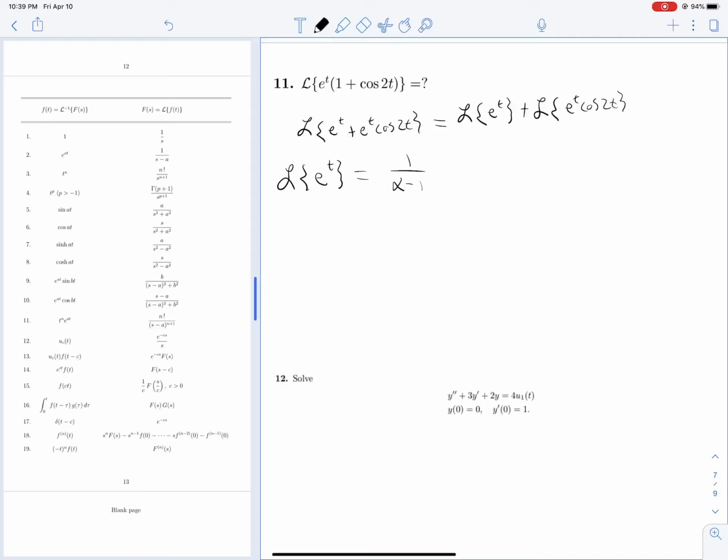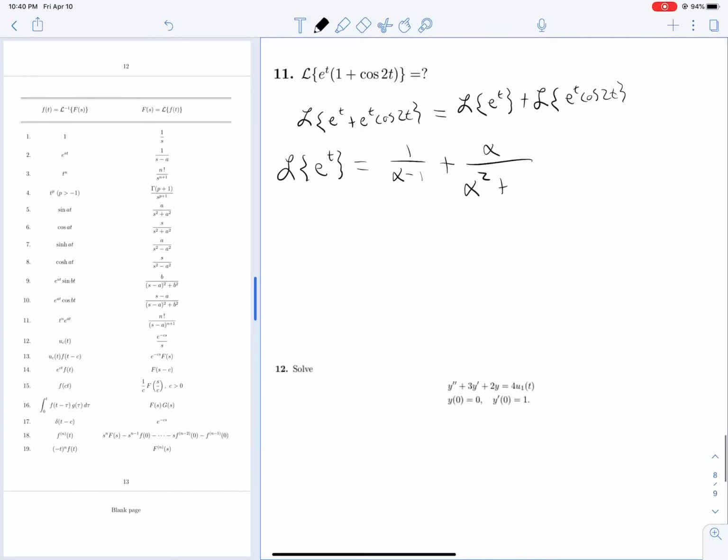And then additionally, we know that whenever we multiply some function by e^t, the Laplace transform of that will just be the Laplace transform of the function unmultiplied by e^t, where we replace all of the alphas in the transformed version with alpha minus whatever constant is multiplied by t in the exponent. So this will be the Laplace transform of cos 2t, which is alpha over alpha squared plus a squared, which in our case is 4.